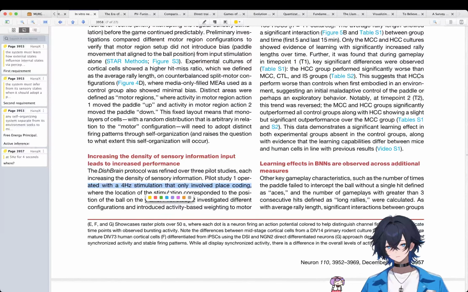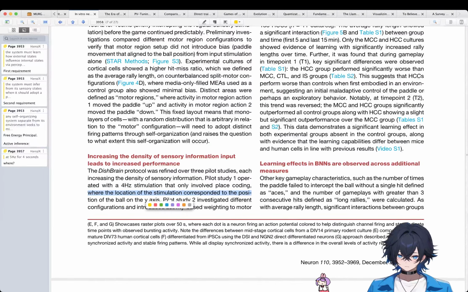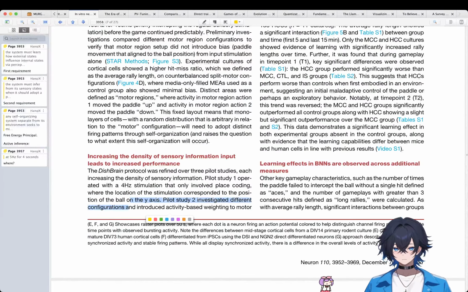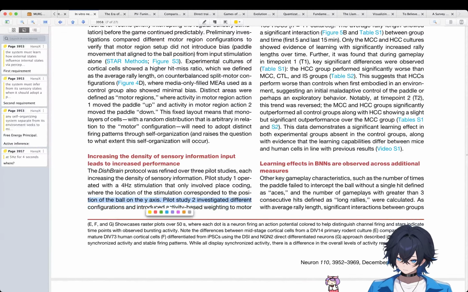4 hertz, so 4 stimulations per second. That coded the location of the ball, I guess. Oh, the location of the stimulation corresponds to the position of the ball. Interesting. On the y-axis.